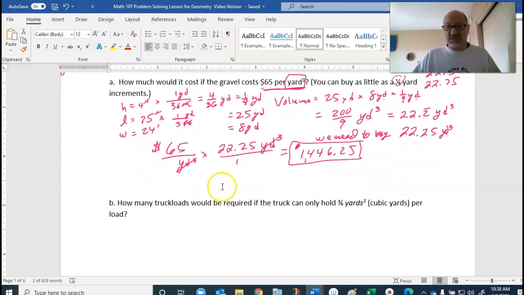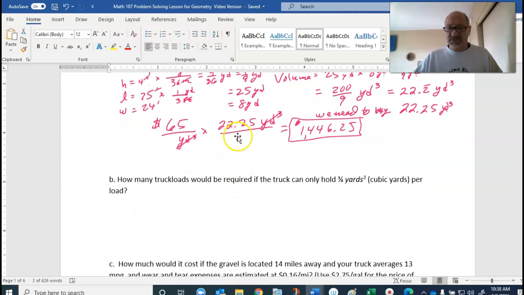Now let's go on. It says, how many truckloads would be required if the truck can only hold 3/4 cubic yards per load? So remember, we have a total of 22.25 cubic yards, and we're going to be able to take 3/4 of a yard at a time.